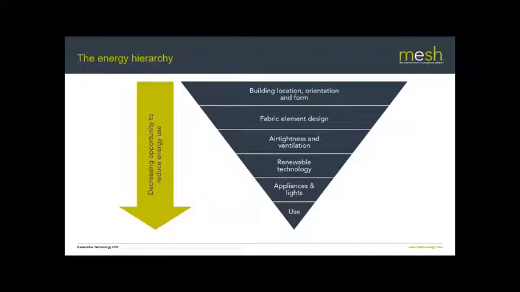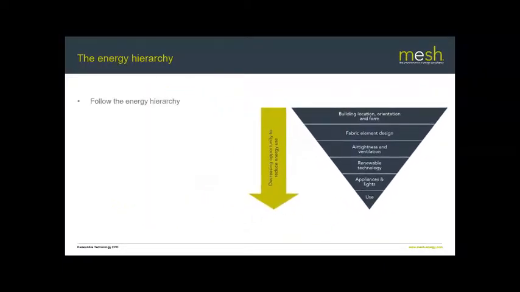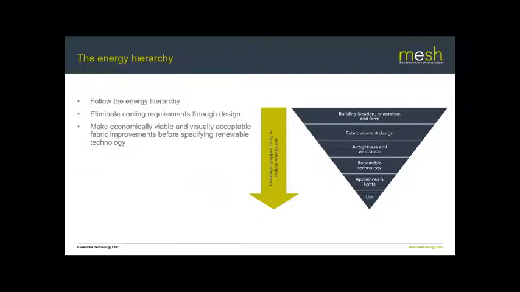And finally, we look at the use of the building. Changing user behavior is very difficult, and hence it is at the bottom of the energy hierarchy. However, there are things that users can do in order to reduce their energy consumption. In conclusion, follow the energy hierarchy, eliminate cooling requirements through good design, and make economically viable and visually acceptable fabric improvements before specifying renewable technology.